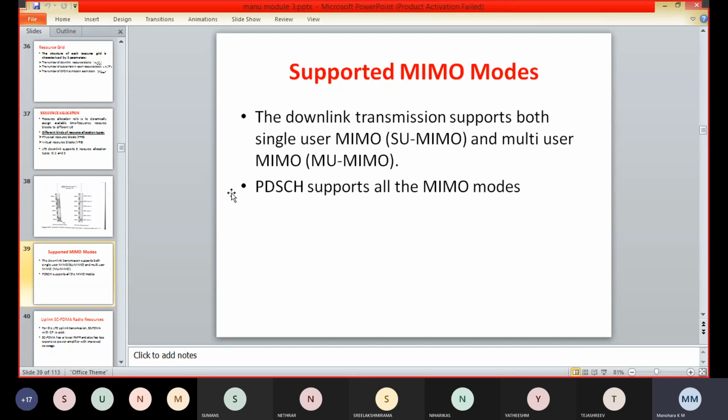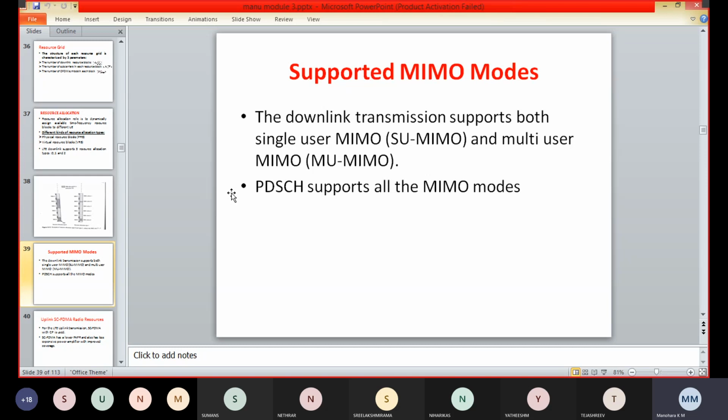In multiple user MIMO, the data streams are transmitted to different user equipments using the same time frequency resource.